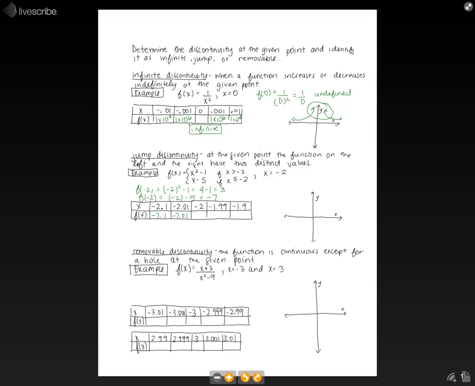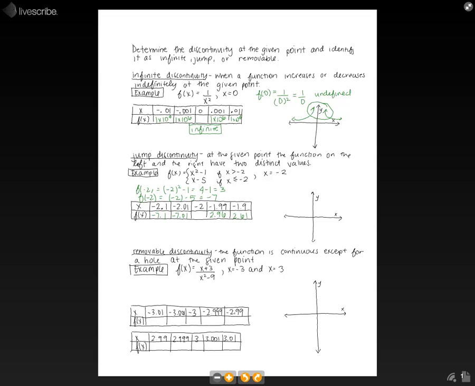Then we have negative 2, which was where we have the two distinct values. Negative 1.99 will be plugged into our top equation, x squared minus 1, because x is greater than negative 2, and that gives us a positive 2.96. And negative 1.9 gives us 2.61. So we can see on the left side we are approaching that negative 7 value, and on the right side we're approaching 3.